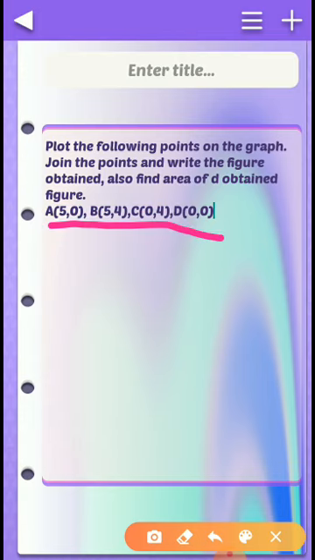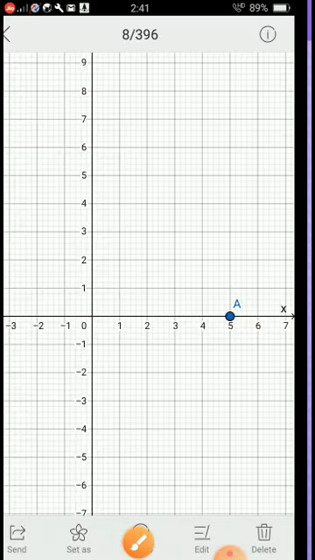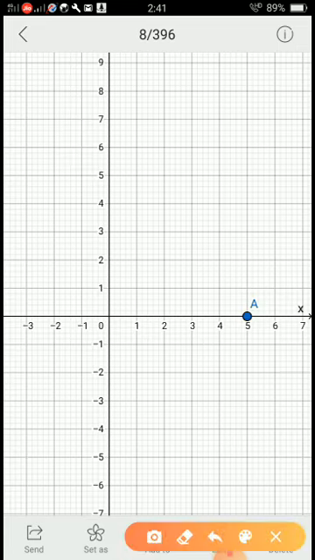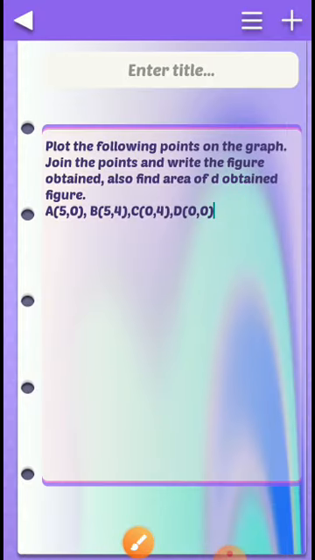So the first point is A (5, 0). That means it will be on the x-axis, and therefore I'll get the point A as (5, 0). Next, the second point was (5, 4). Can you tell in which quadrant it will be?